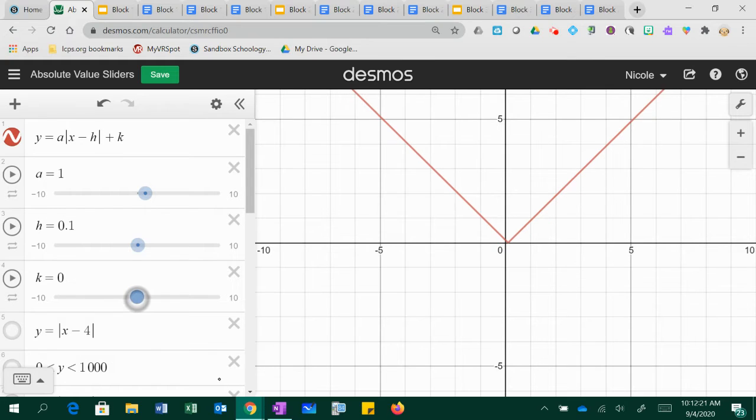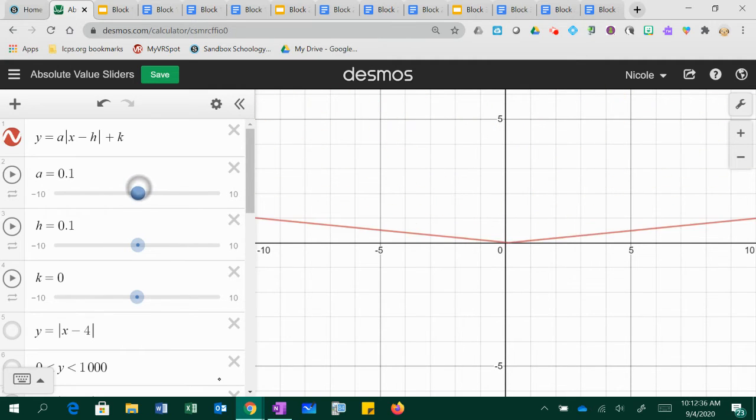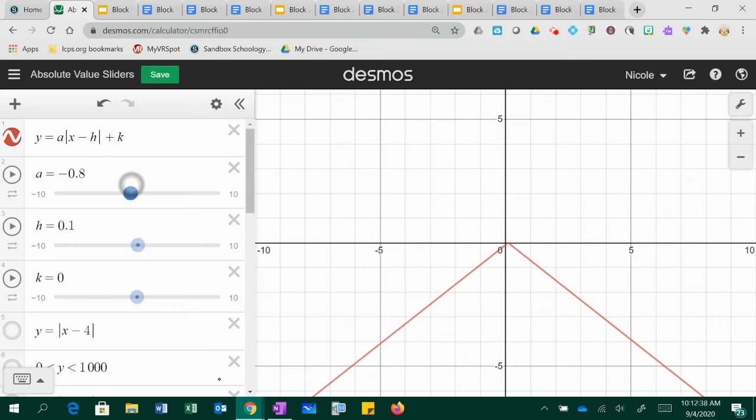Same thing with a. It manipulates the graph. But a causes the graph to become skinnier or wider. When a is negative, the graph flips below the x-axis. We call that a reflection.